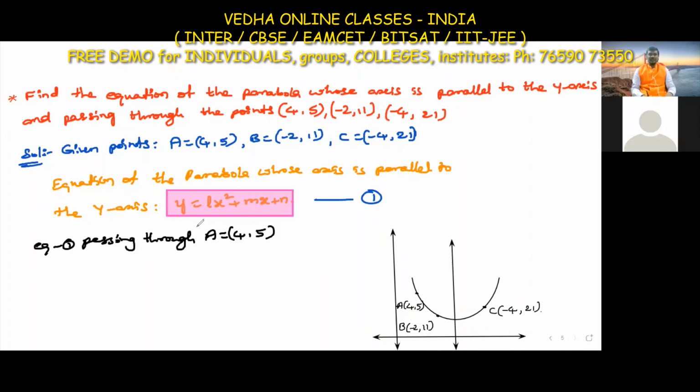Now I am substituting A. So in y is equal to l x square plus m x plus n, that is 5 is equal to l into 4 square, plus m into 4, plus n. What is 4 square? 16. So 16l plus 4m plus n is equal to 5. This is equation number 2.